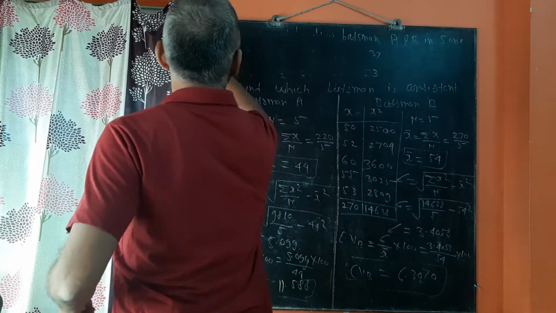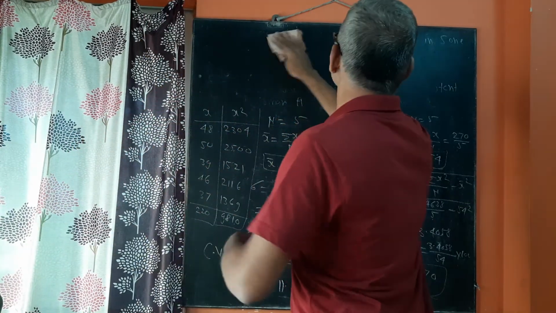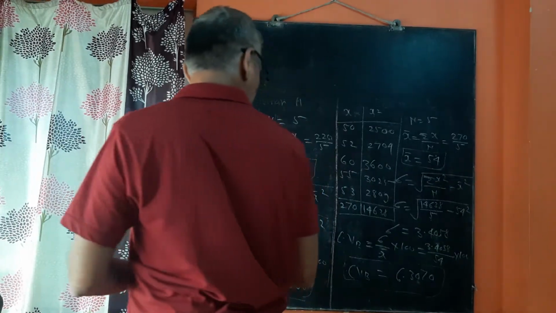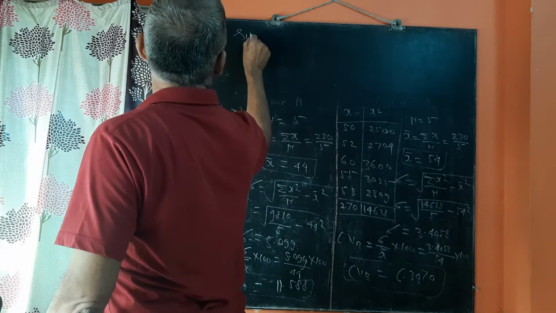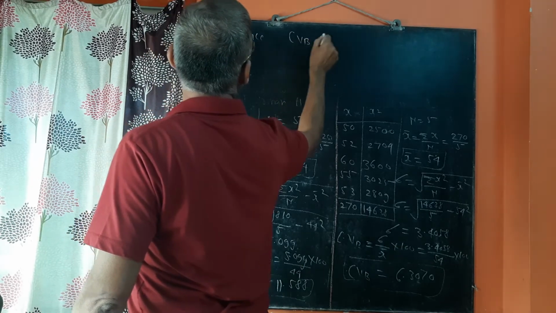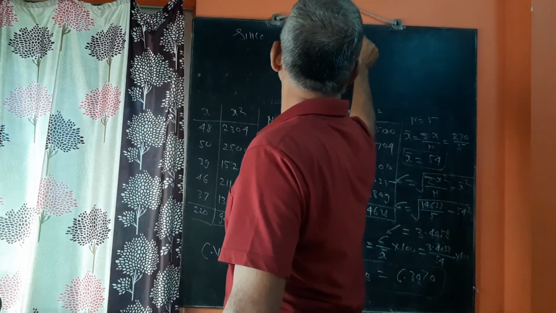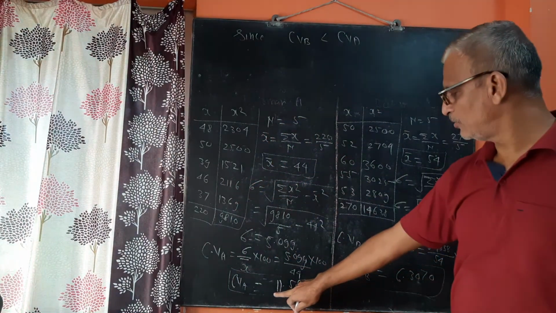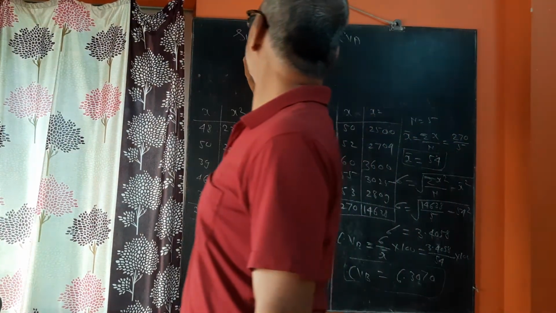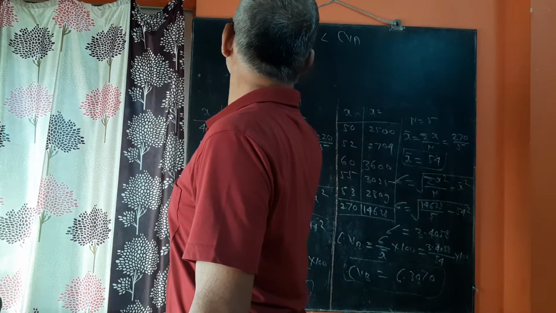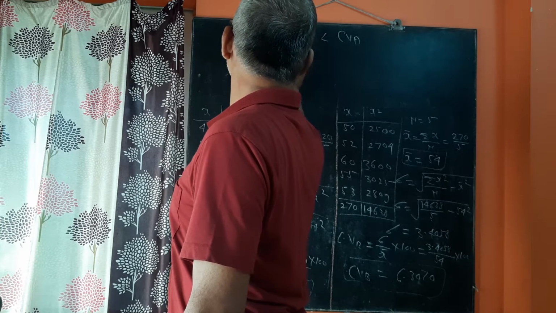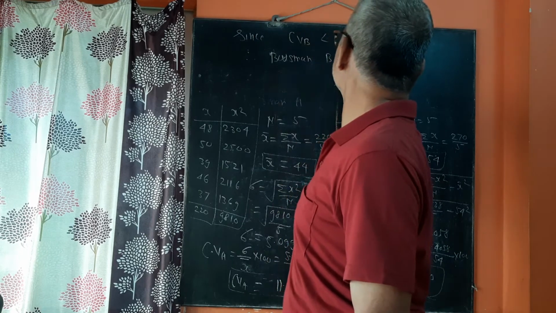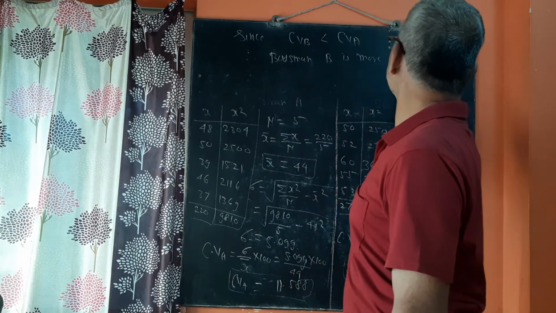So we write here: since CV of B is less than CV of A, that means 6.3070 is less than 11.588, therefore batsman B is more consistent.